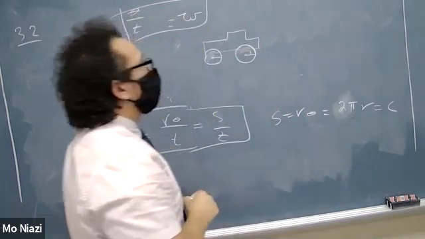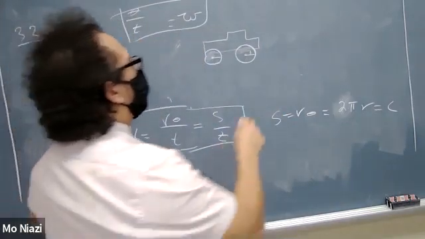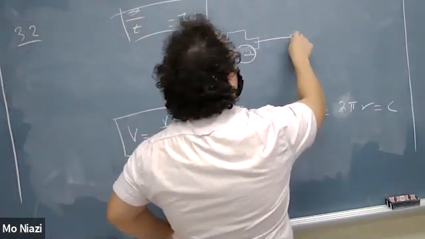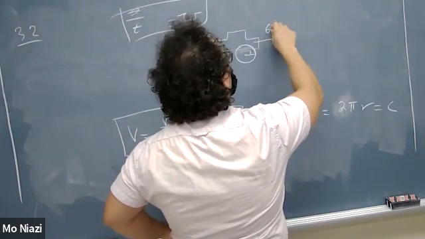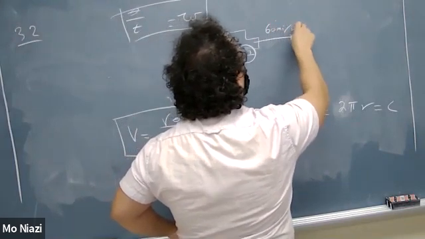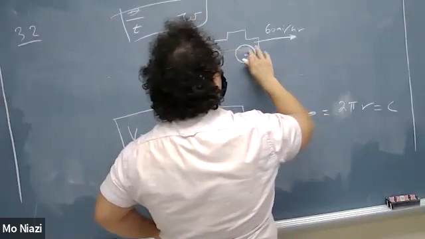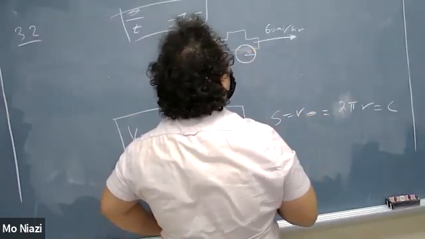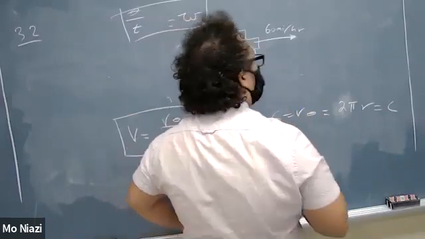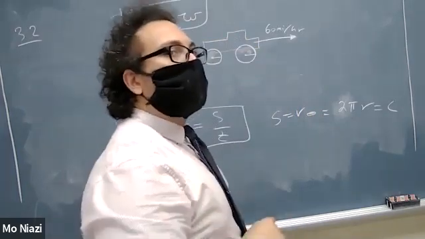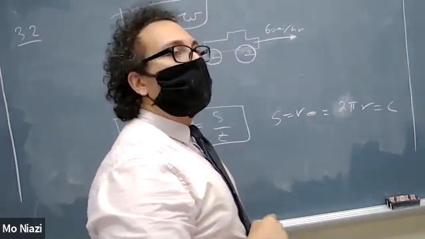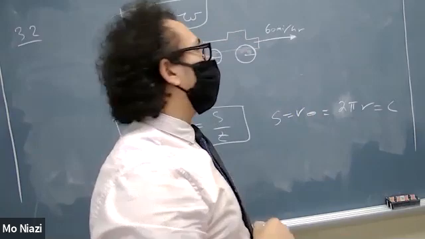If the car is moving at 60 miles per hour, and the radius, what are rims usually? This is kind of like a monster truck.